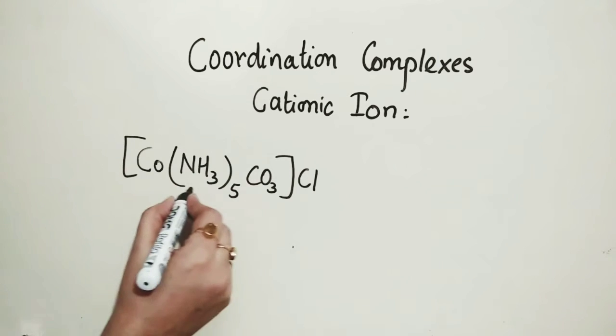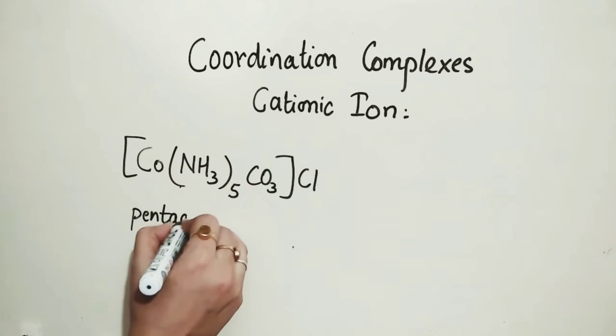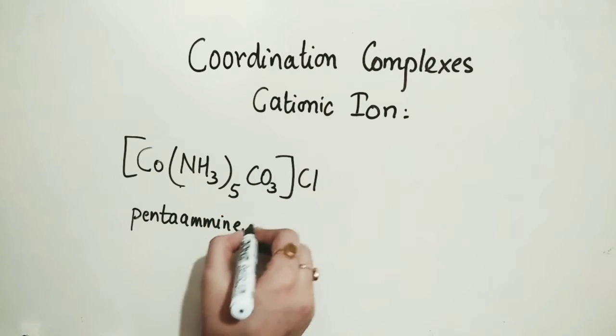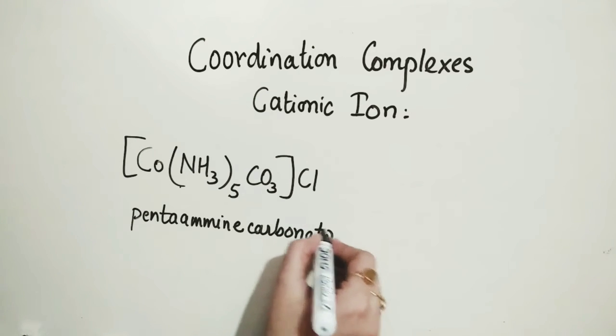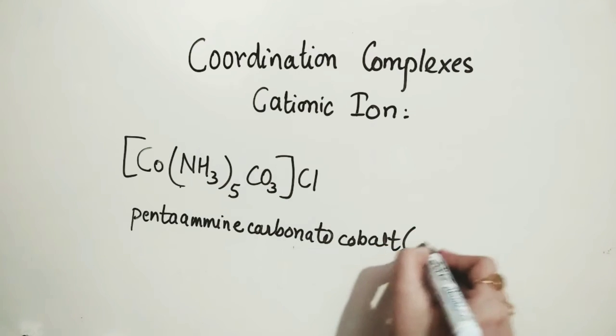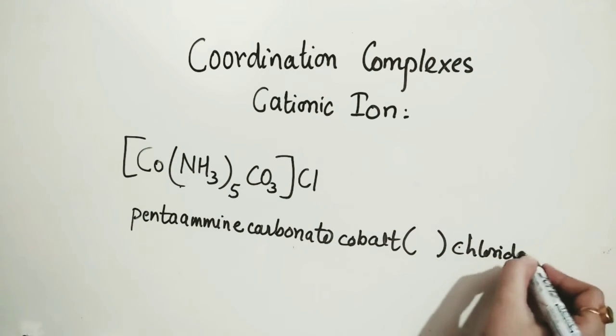Now the next example, this is pentaammine. Now this is carbonate, and then it will become carbonato, then cobalt, bracket oxidation state, and outside the bracket is chloride.